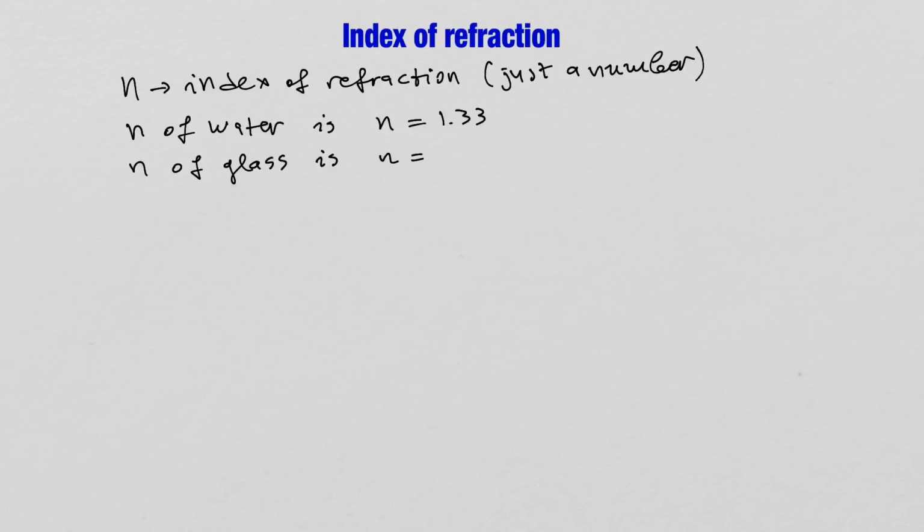The most common one used for solving various problems is 1.5. So unless otherwise specified, we'll use this value. And then the index of refraction of air is the same, or it's extremely close to that for vacuum, so we use the same value for both. So the index of refraction of air or vacuum is going to be 1.